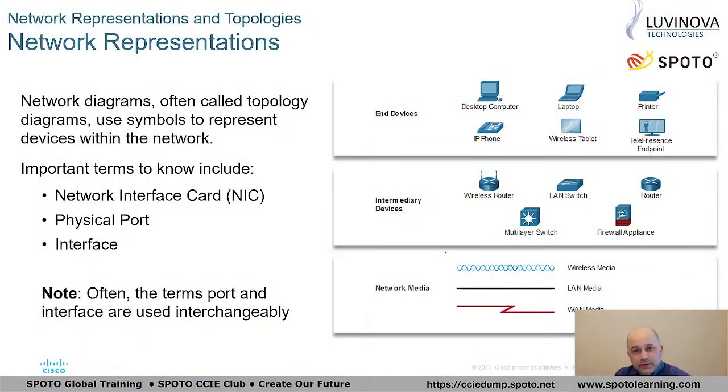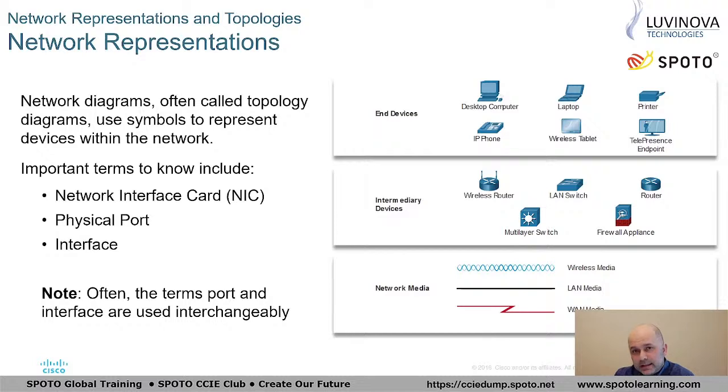Again, just to remind you, here is the network representation. We have end devices, we have intermediary devices, we already talked about it, and we have network media.